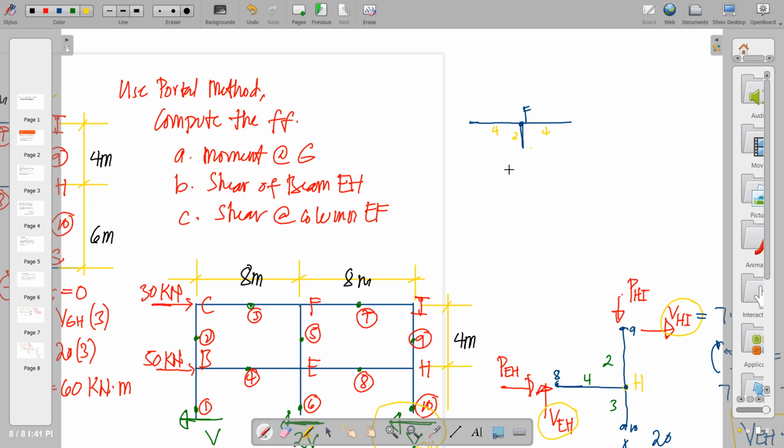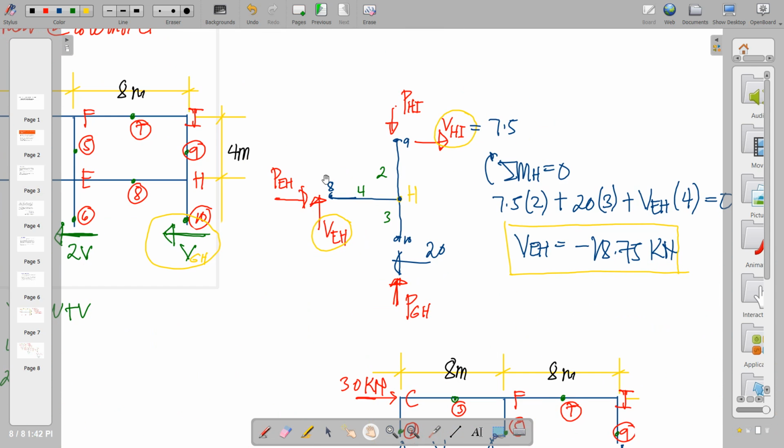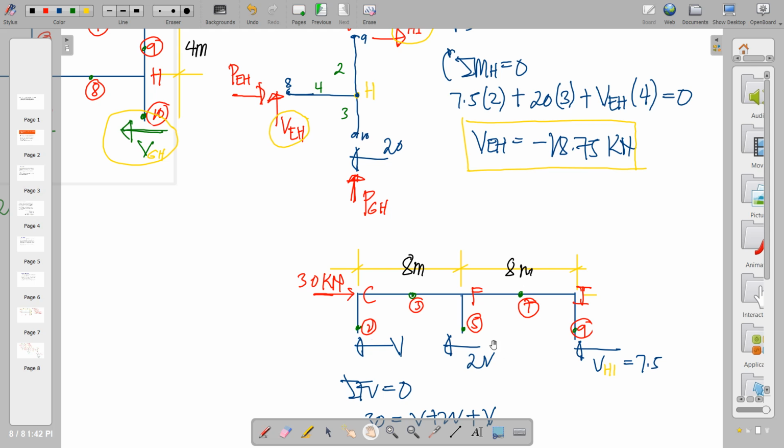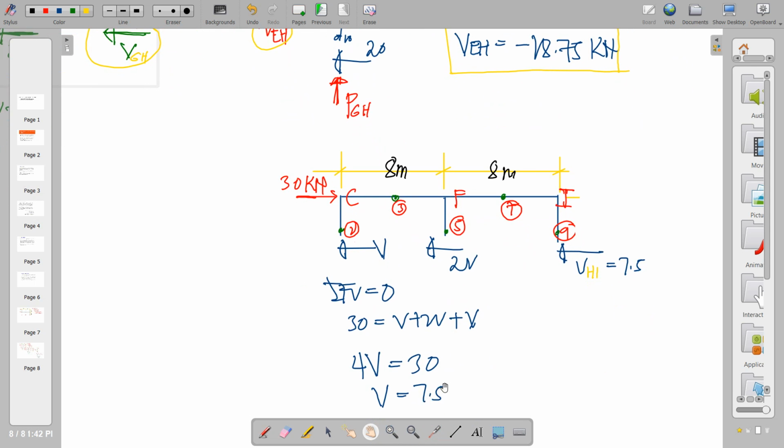So what do we know here? Of course we already determined this one. On this, that is actually 2V, or the V obtained here is 7.5. We just multiply 7.5 by 2.